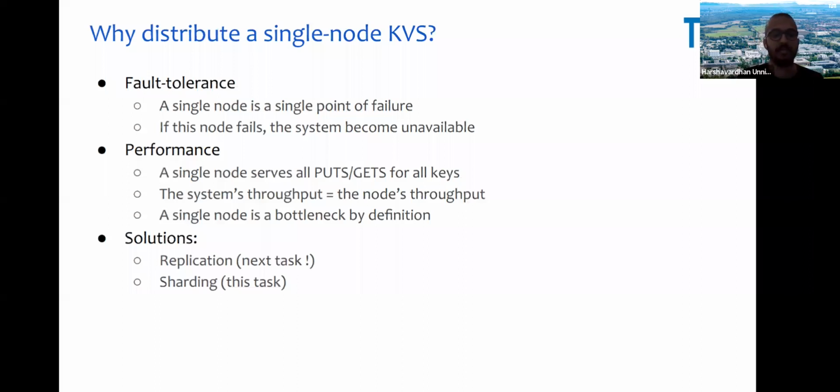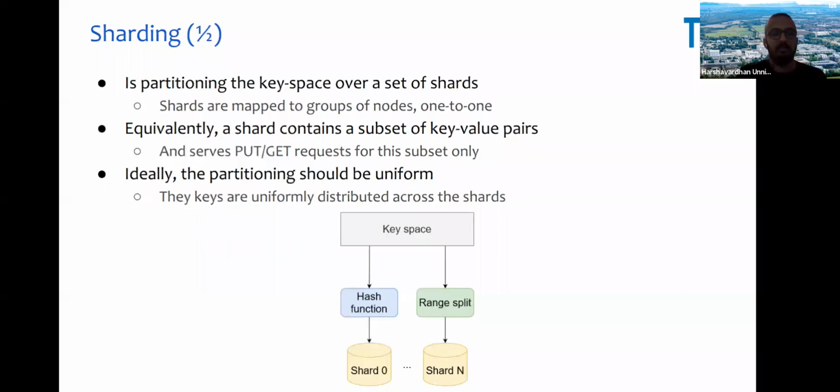Next, let's take a look at sharding and some sharding strategies. So sharding is a process of partitioning the key value pairs into smaller, faster, and easily managed parts. Each part is called a shard, that is, in this case, every server that serves a request.